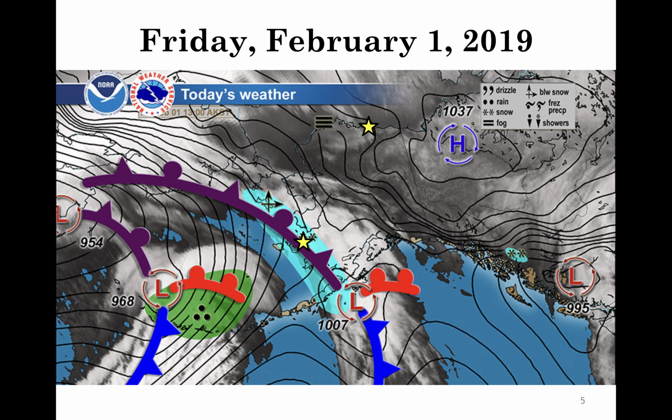And the winds are southerly in Bethel. In Kubrick, the winds are also southerly.